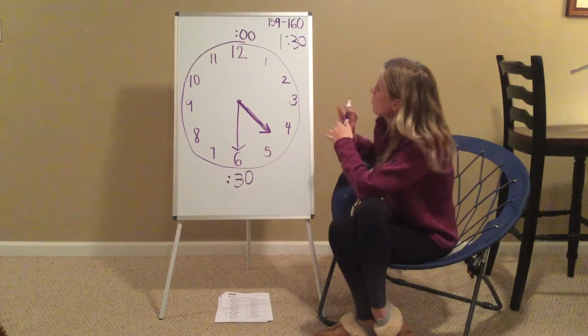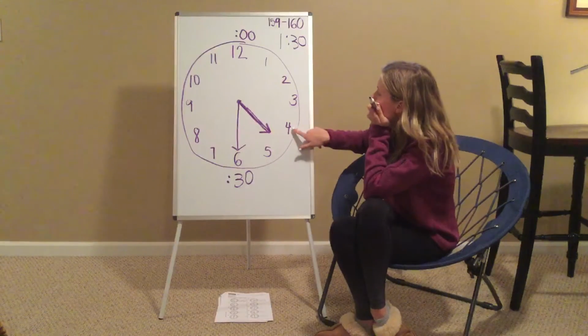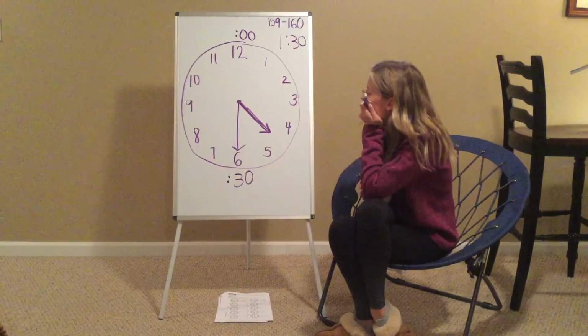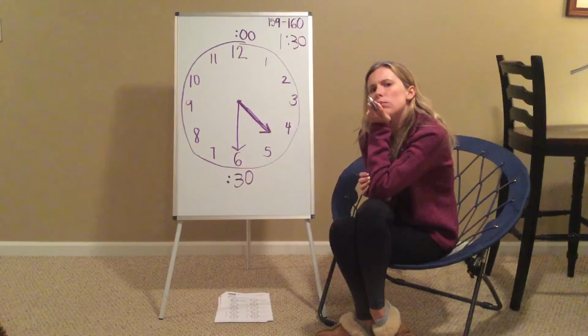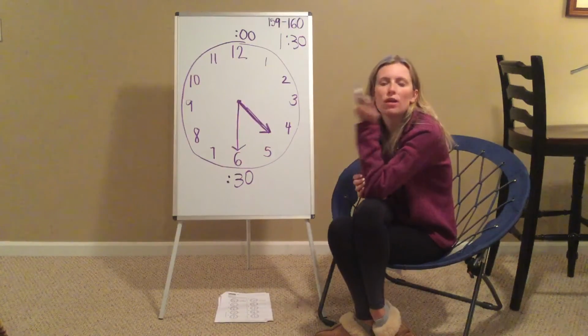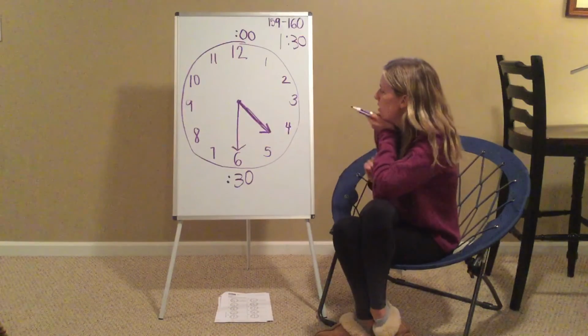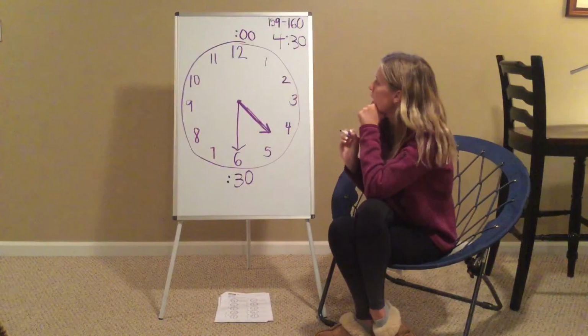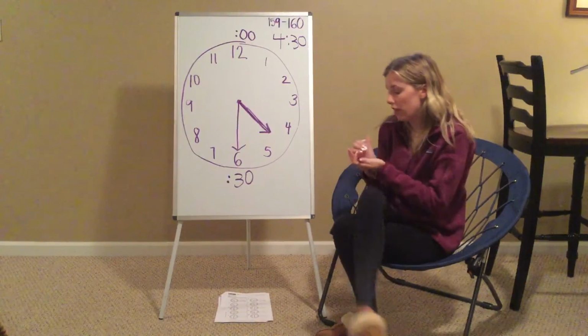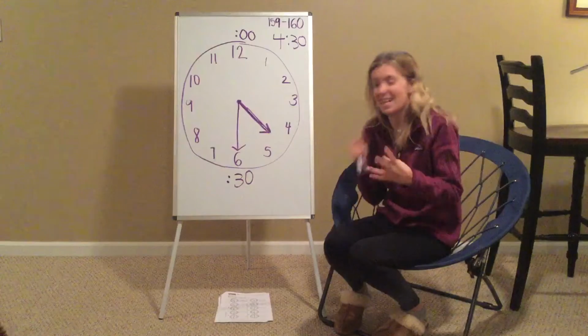Well, I'm looking, and we're in between the 4 and the 5. And Miss Doyle says, do we always pick the bigger number or the smaller number? We always pick the smaller number. So what time is it? It's 4:30.